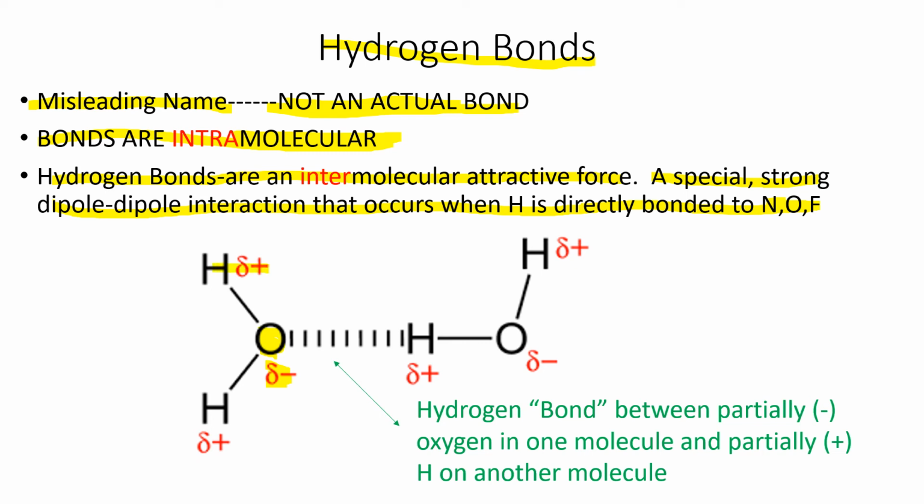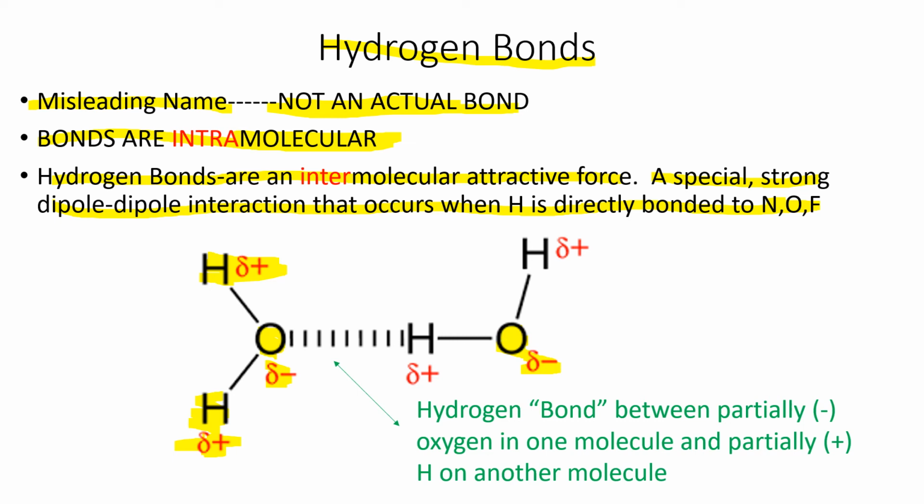Meanwhile, on the hydrogens being less electronegative, each hydrogen is going to have that delta plus, that partial positive charge. If we look at a neighboring water molecule on the right, again, that oxygen is more electronegative than the hydrogen.